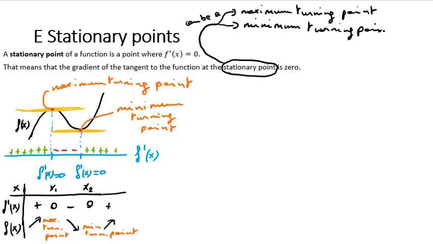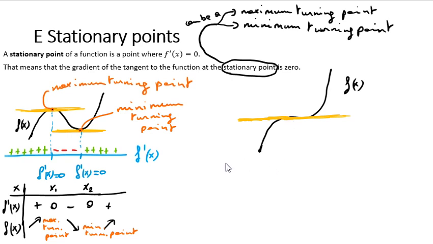But there is one more option. For example, consider the following function, like here. So this is f of x. So on this point here, we can see clearly that the tangent is horizontal, so that means that the gradient of the tangent is equal to 0, so that means that the derivative of the function is 0 there.